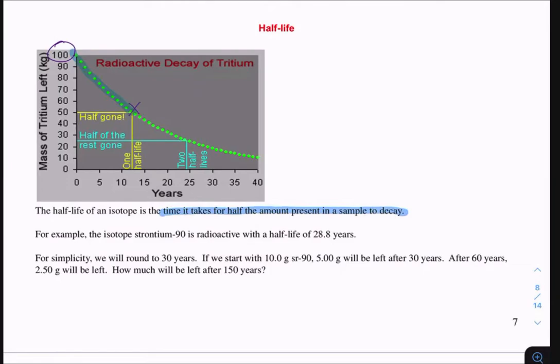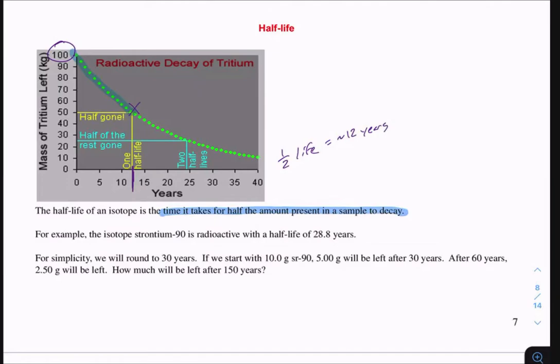The amount of time it takes for that to happen is defined as the half-life. In this case, the half-life is about 12 years.